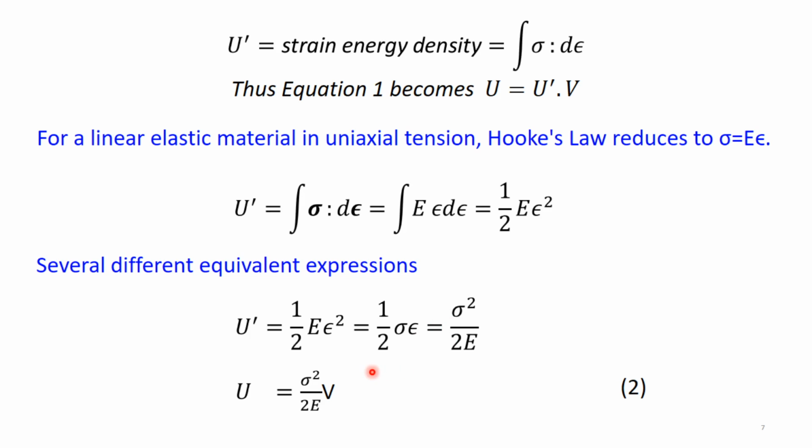So equation 1 can be written, if we put the value of U prime, as U equal to sigma square divided by 2E into V, which is equation 2. Let's move on to further steps.